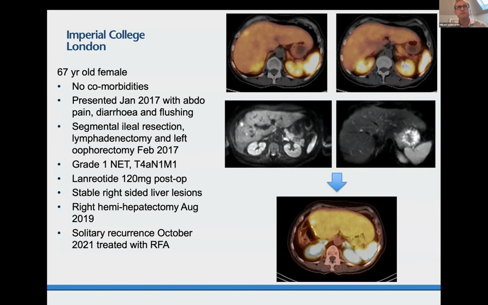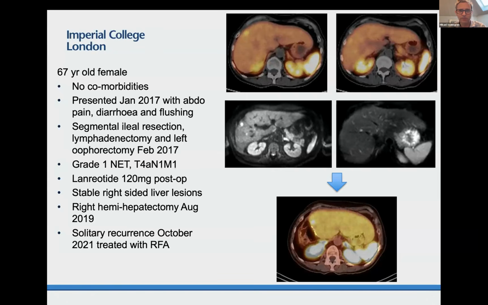And we often do this because, as you saw in the previous presentation, the imaging that we do have often underreports the disease burden, and we very often see small volume disease, but lots of it scattered all over the liver.